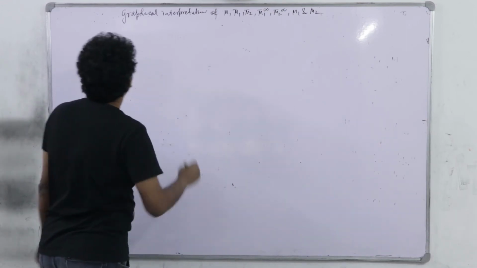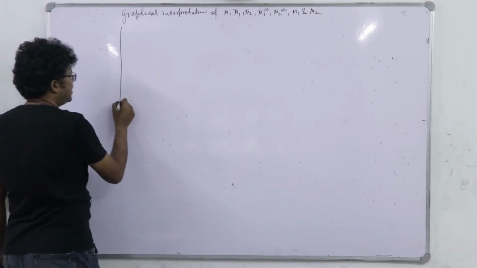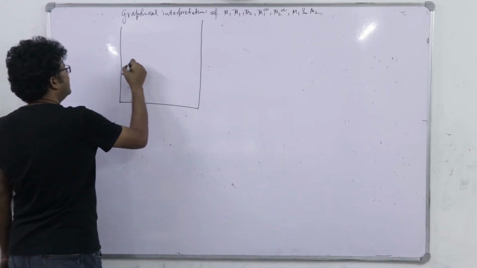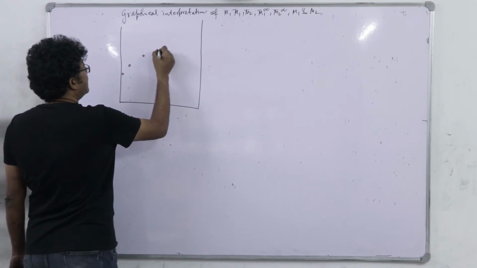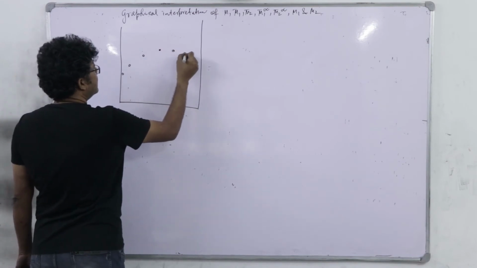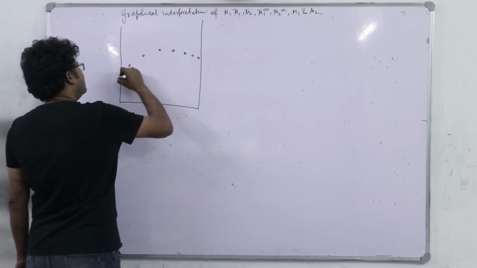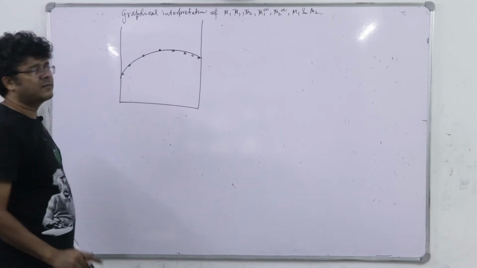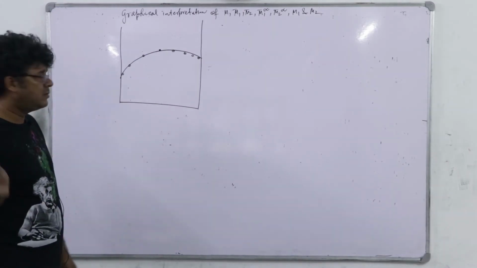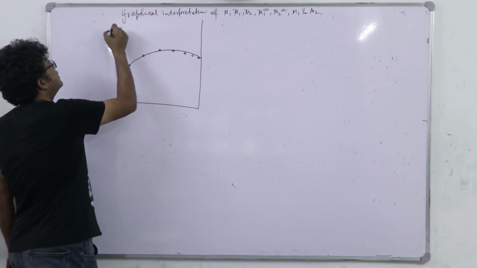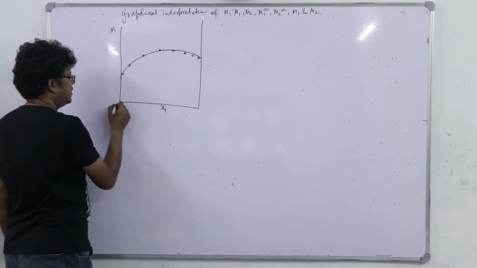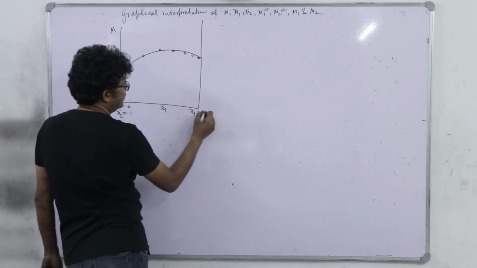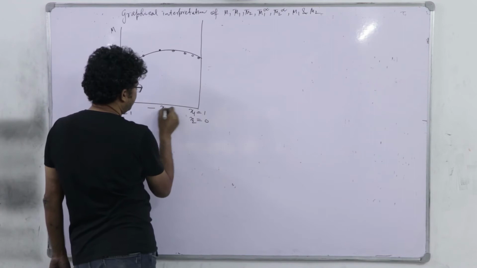What are they? See, what will be given to us? Some scattered data points like this, this, this, this, this, this, this and this. So, we will join them by a smooth line and we will get some sort of curve like this. So, you have got this M versus x1 plot. This is x1 equal to 0, x2 equal to 1, this is x1 equal to 1, x2 equal to 0.